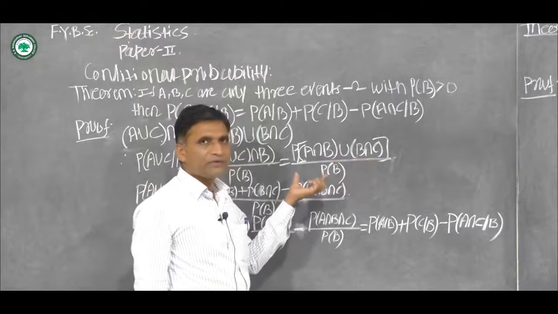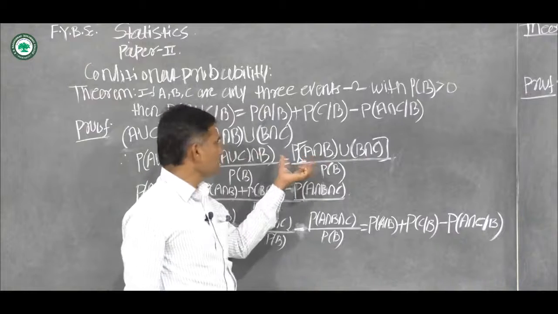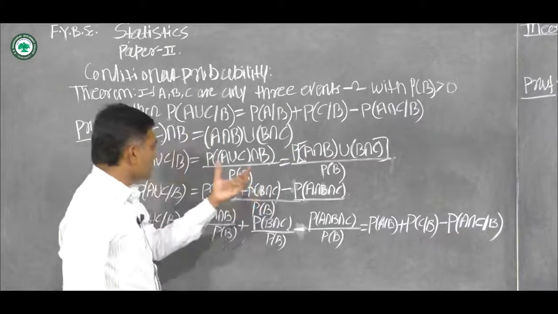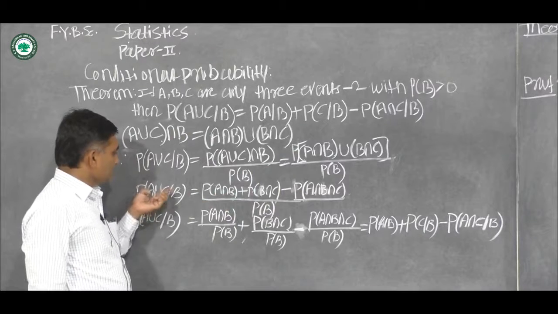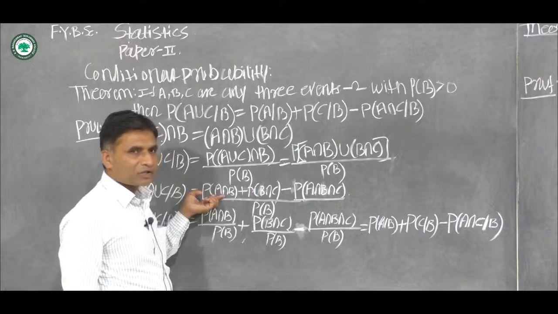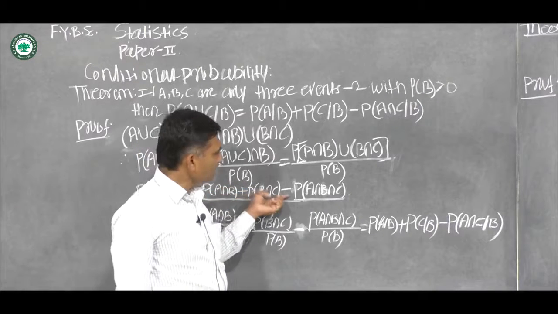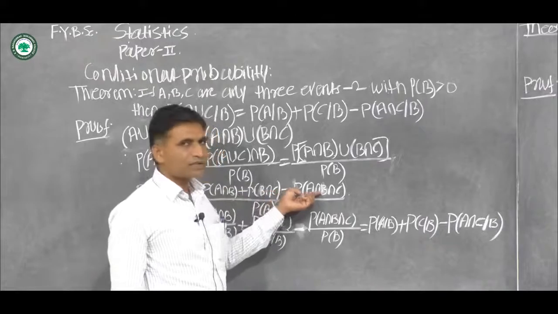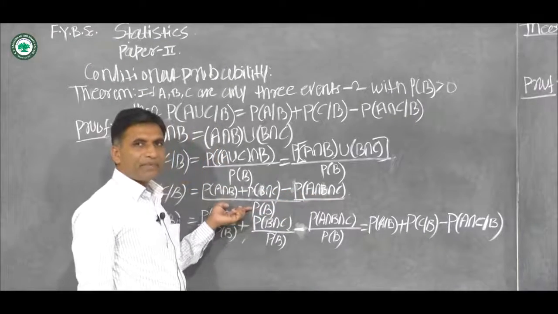Means we have only two events and we use the addition theorem for two events. By using the addition theorem, we have probability of A union C given B equal to probability of A intersection B plus probability of B intersection C minus probability of A intersection B intersection C, all divided by probability of B.